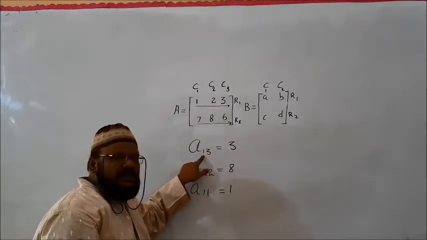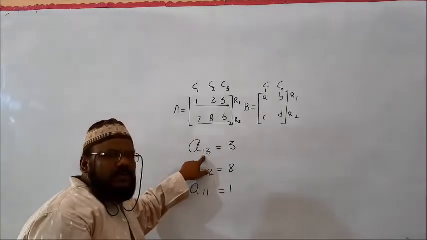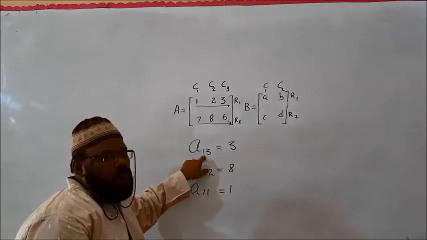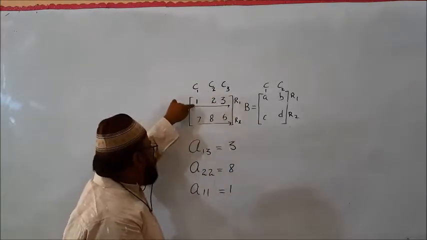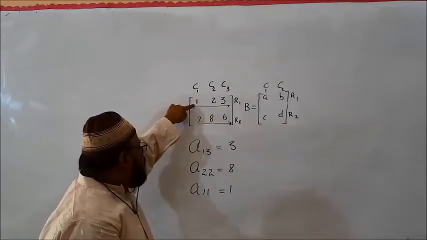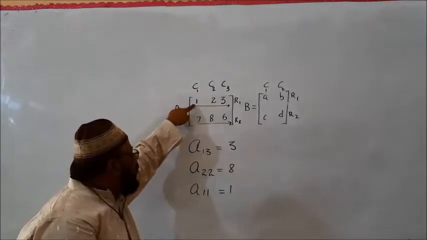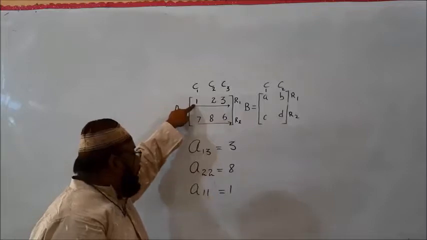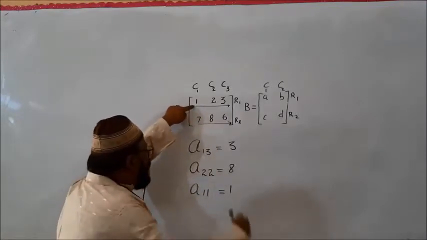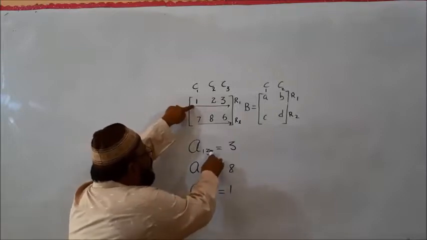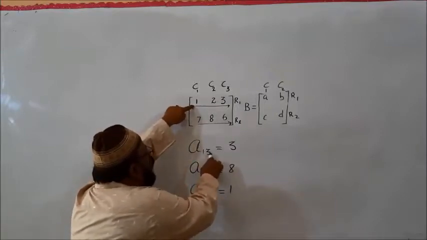Here row 1. Yes, row 1. This I put the finger, row 1 and element. You come to here, for example, row 1, column 3.